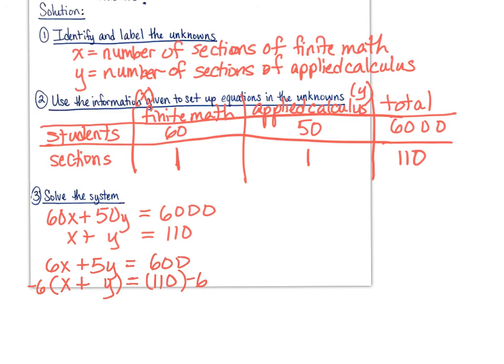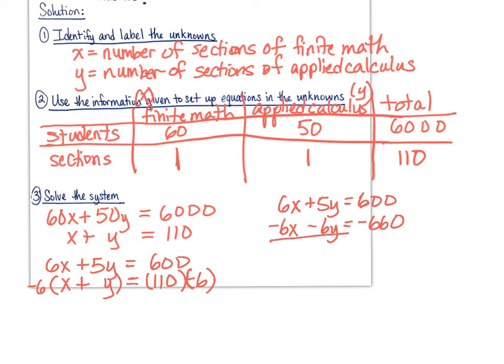So we would have 6x plus 5y equals 600. And as you said, with that negative 6 multiplying, you get negative 6x minus 6y equals negative 660. Put that negative 6 in parentheses so it doesn't look like you're subtracting there.